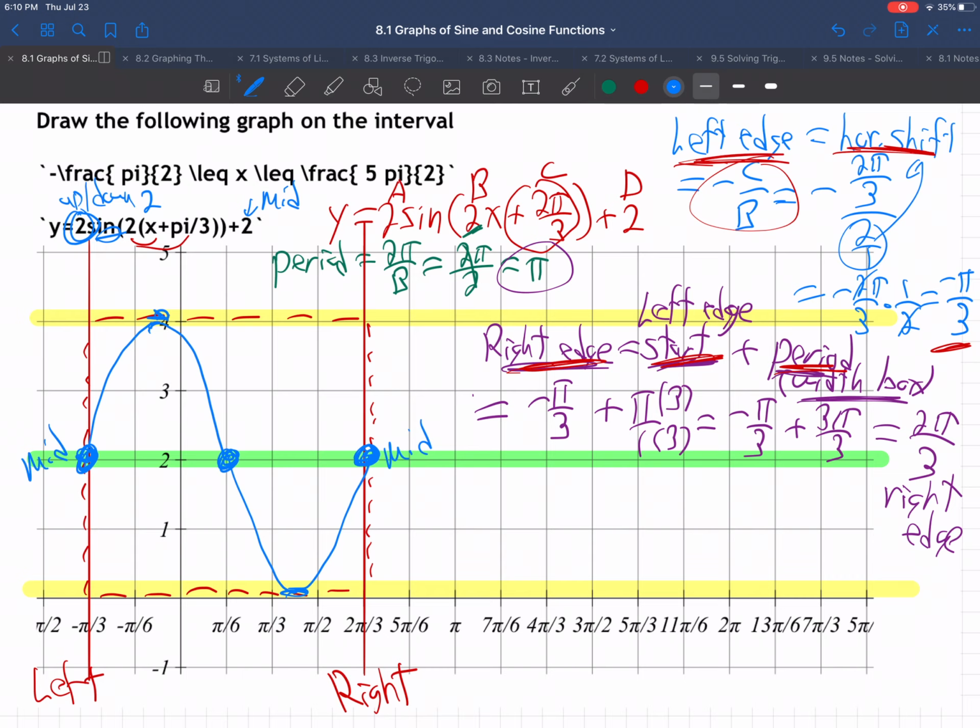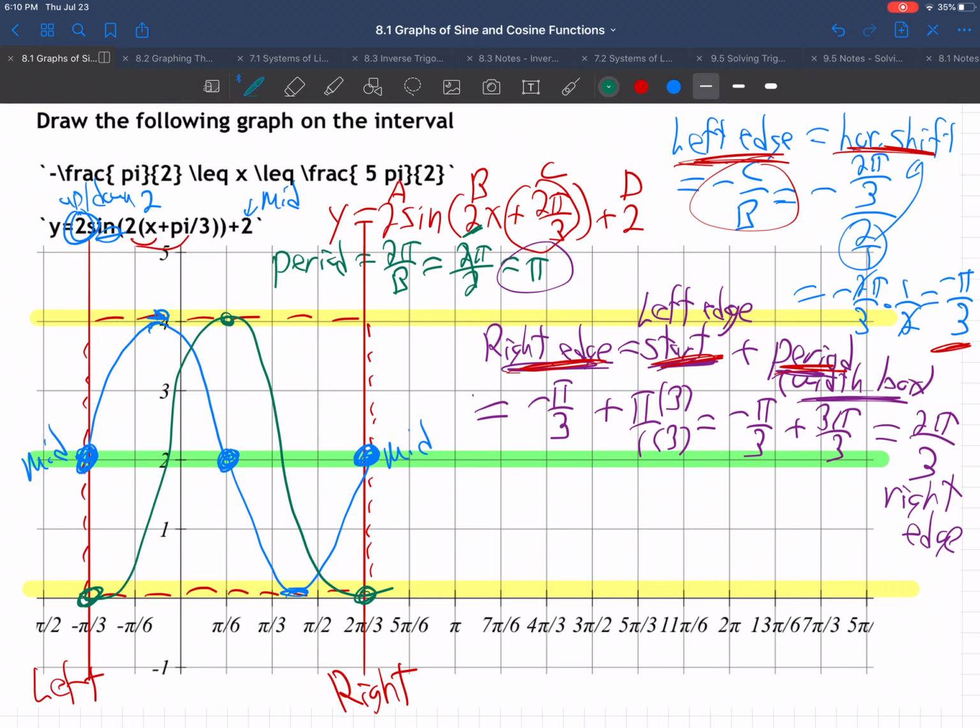Now, if this was cosine, I would be starting high, going low, finishing high. I'd be doing something like this in the box, right? Cosine is a U shape up, or if it was a negative cosine graph, it would start low, finish low, go high in between. It would be a U turned upside down.